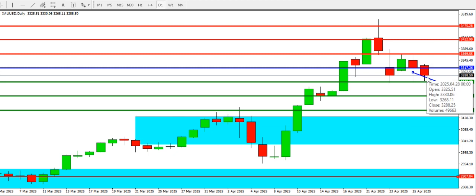Price almost got to the first support, and price is attempting to drop close to the first support, but the low for today is 3268, and that's like 50 pips above the first support.